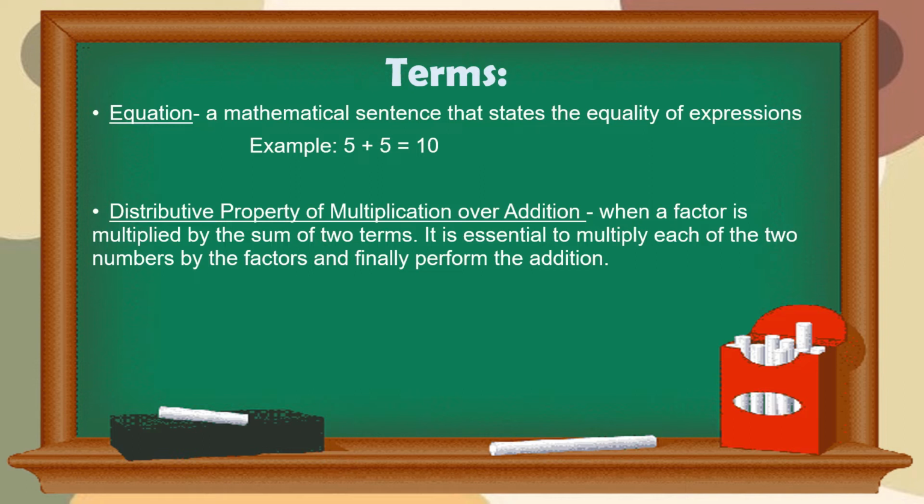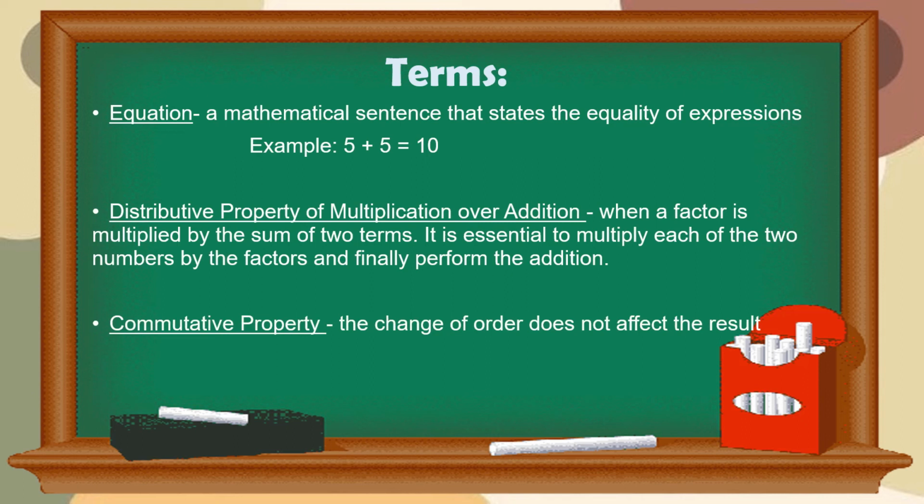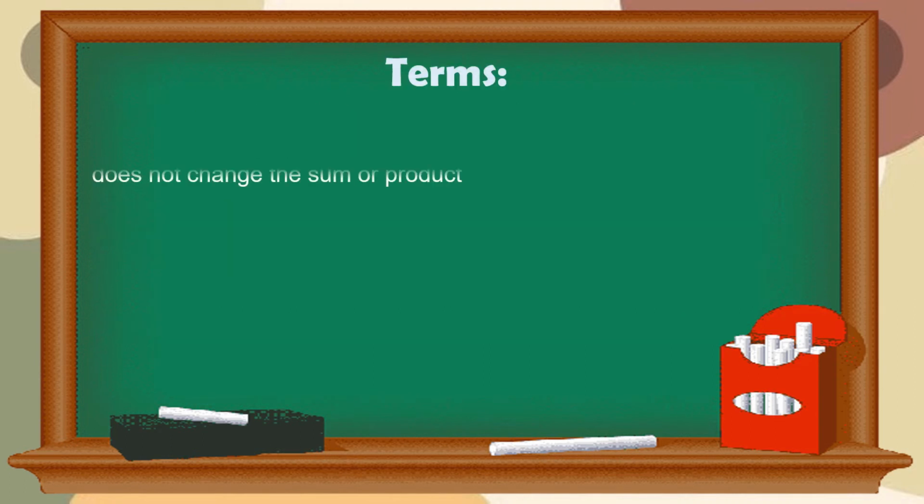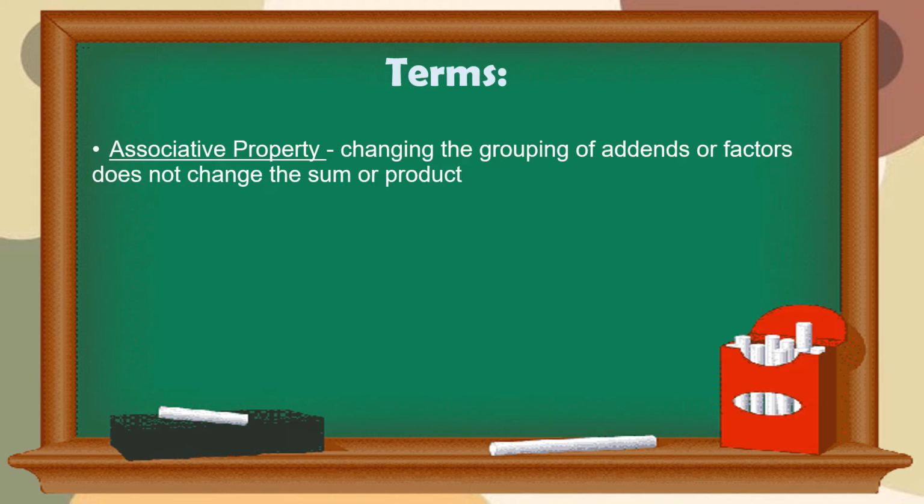It is essential to multiply each of the two numbers by the factors and finally perform the addition. Commutative property. The change of order does not affect the result. Associative property. Changing the grouping of addends or factors does not change the sum or product.